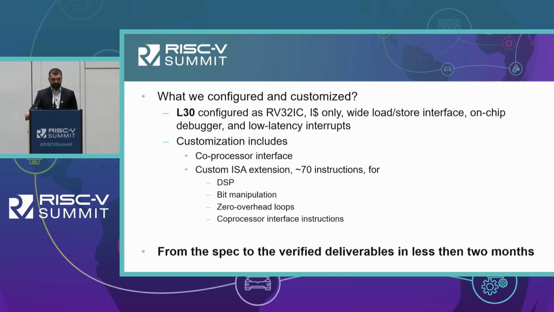The last thing that I'd like to mention on this slide is that from the spec to the deliveries, it was less than 2 months in a small team. So really an optimal or productive way to do this customization work.